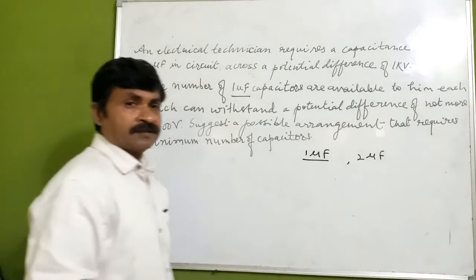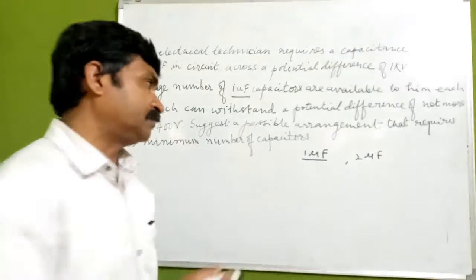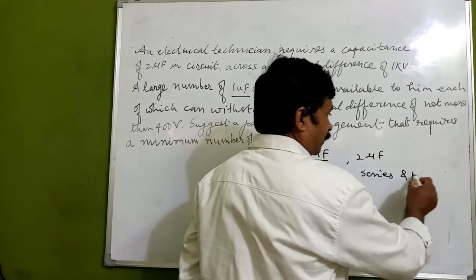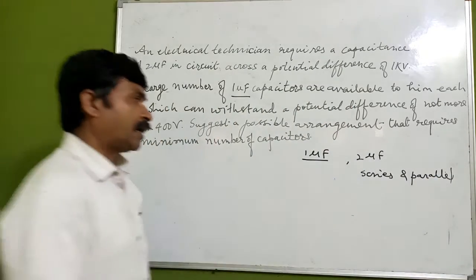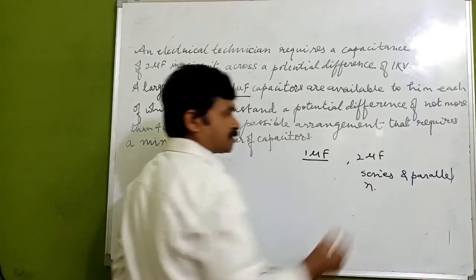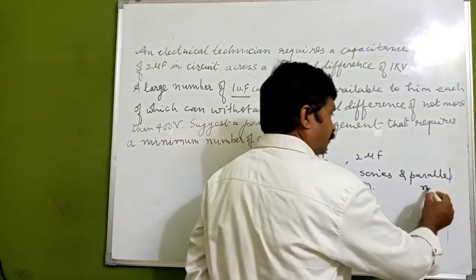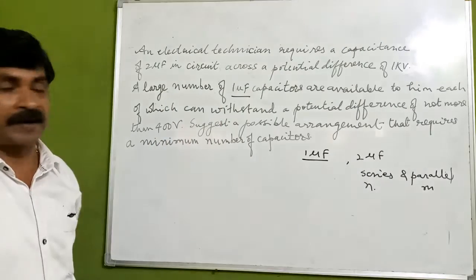Now here we know that we can arrange the capacitors in series as well as in parallel. We can arrange a series and parallel combination. So here we are assuming that n number of capacitances we can connect in series and m number of capacitances we can connect in parallel.